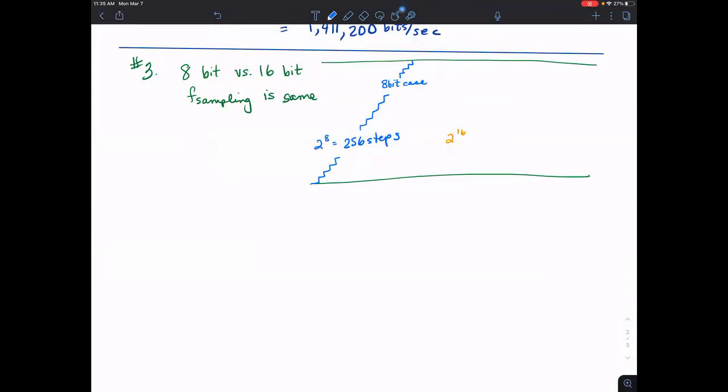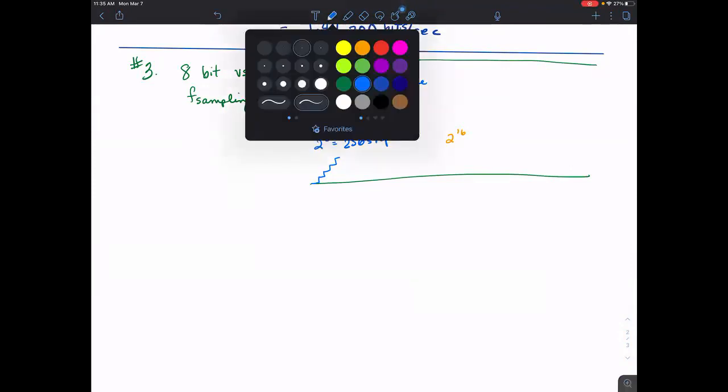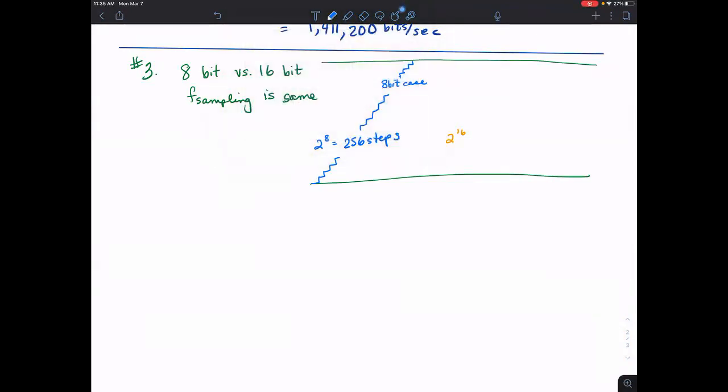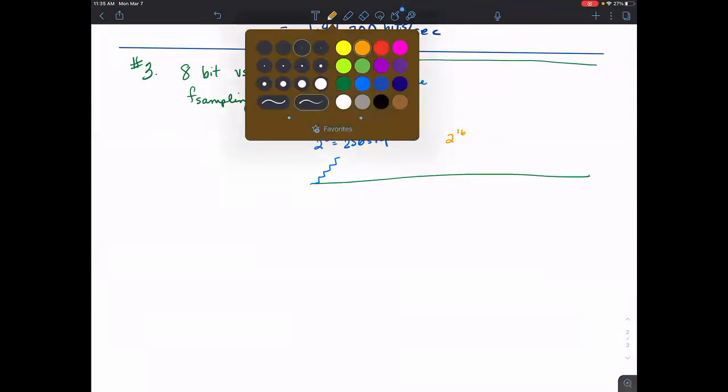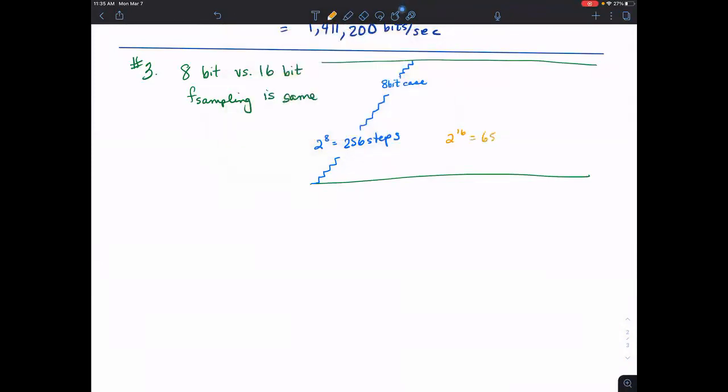And that power means it's like 2 times 2 times 2, 8 times, versus 16 times. Which gives you 65,500 steps.